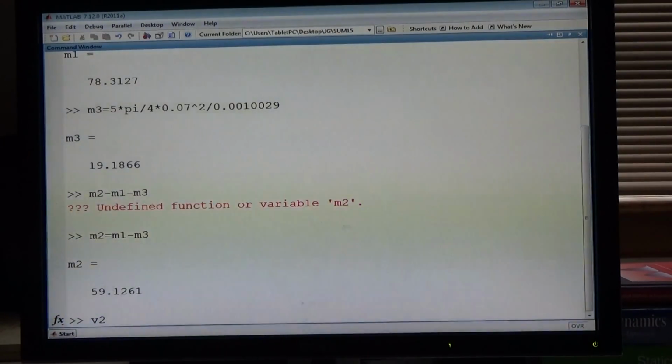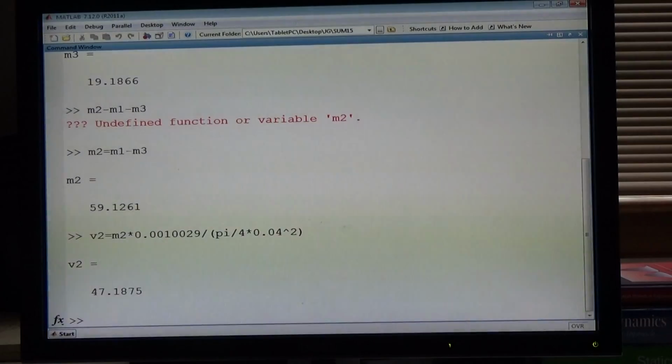We'll get velocity 2 is equal to m dot 2 times specific volume 2, 0.001029, and then divided by pi over 4 times d2, which is 0.04 meters squared. So our velocity at outlet number 2 is 47.2 meters per second.